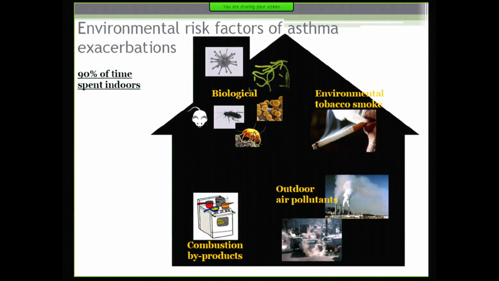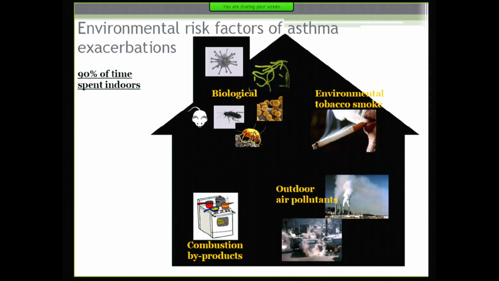Indoors is obviously very important; we spend most of our time there. You can be exposed to outdoor air pollutants that infiltrate, and to combustion byproducts from cooking, either from the cooking itself or from burning gas on a stove, and environmental tobacco smoke if you have a smoker indoors.